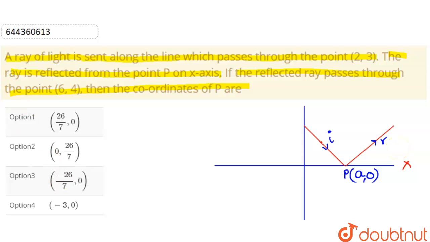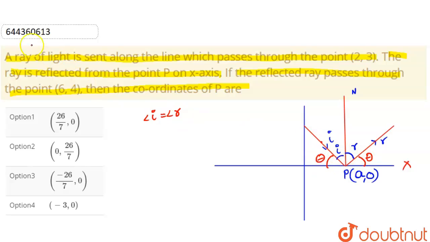Now we know that according to the laws of reflection, the angle of incidence is equal to the angle of reflection with respect to the normal. If this is your normal, then angle I and angle R will be equal. If we assume that the angle made by the reflected line with the x-axis is theta, then this will also be theta.